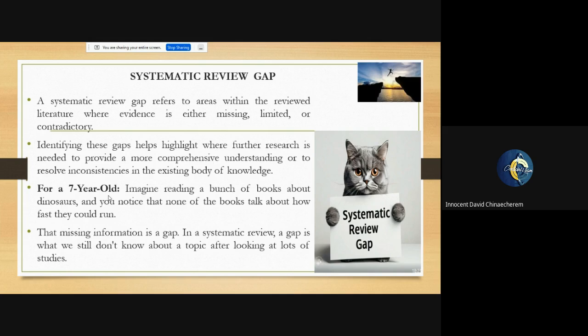Let's say you're an undergraduate here, and for an undergraduate, mostly how we identify a gap is when, let's say you got a topic, prevalence of diabetes in Owerri, Nigeria, for example, right? In Owerri town in Nigeria.